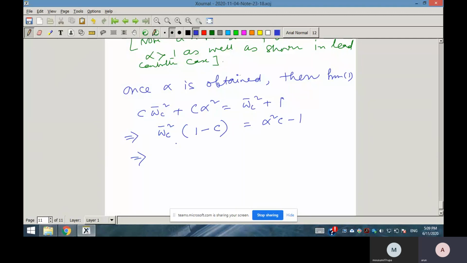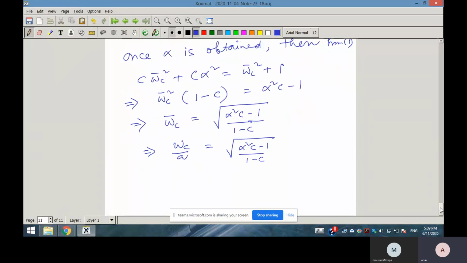So this will give you omega c bar equal to root under alpha square c minus 1 divided by 1 minus c. Omega c bar is omega c by a, so from here you can get a: a will be omega c into root under 1 minus c divided by alpha square c minus 1.